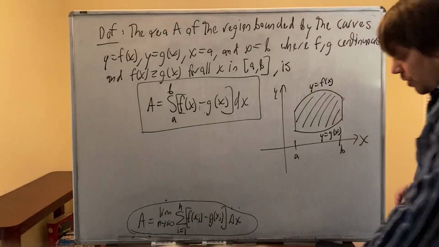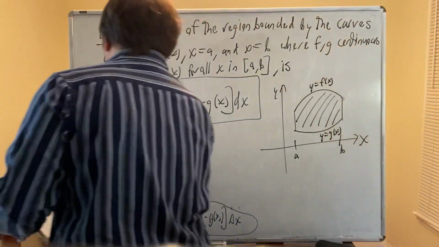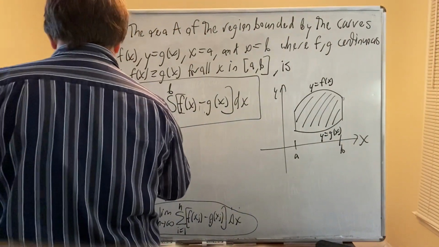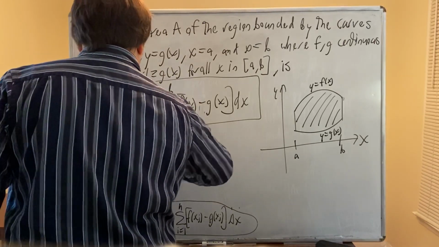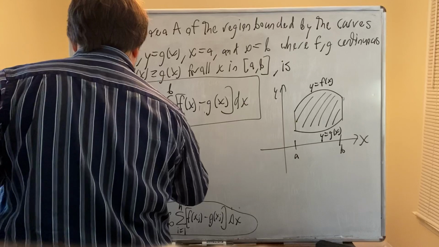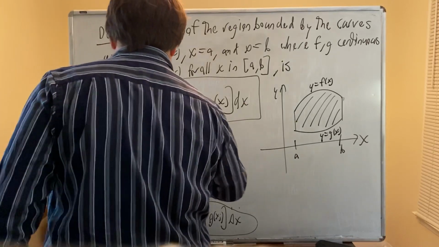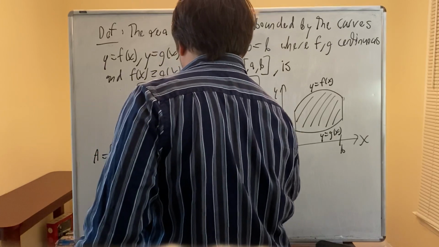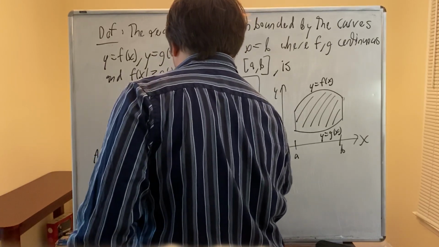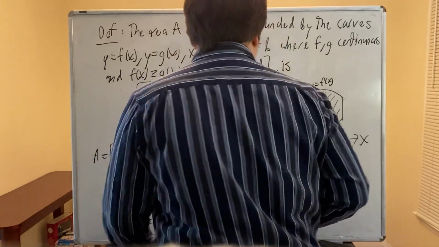Okay, so also the area A is equal to the area under y equals f of x minus the area under y equals g of x. And so why is that?